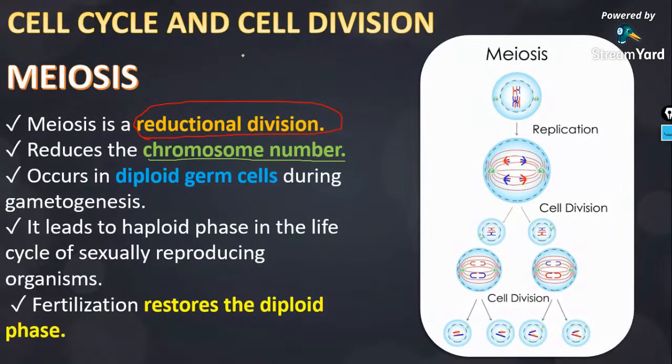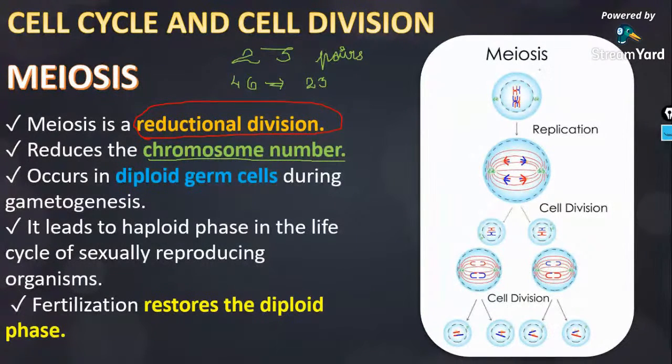The normal chromosomal number is 23 pairs. 23 pairs, that is 46 chromosomes, get reduced to 23 in number.